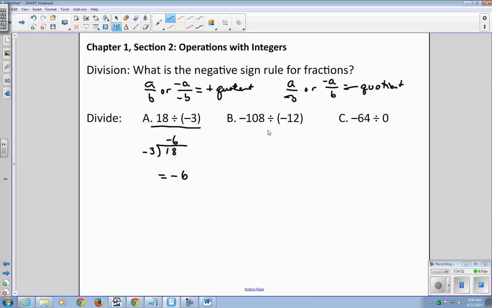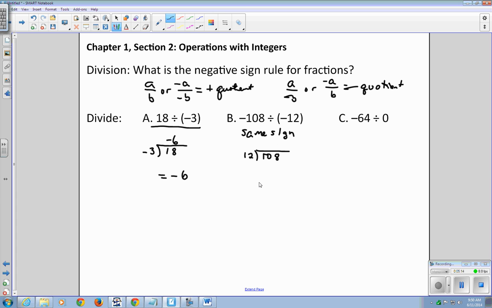How about negative 108 divided by negative 12? Well, since they're the same sign, we're going to use our first rule up there and we're going to end up with a positive value. So it will be the same as if I just took 12 and divided it directly into 108. Well, in this case, 12 goes into 108 how many times?